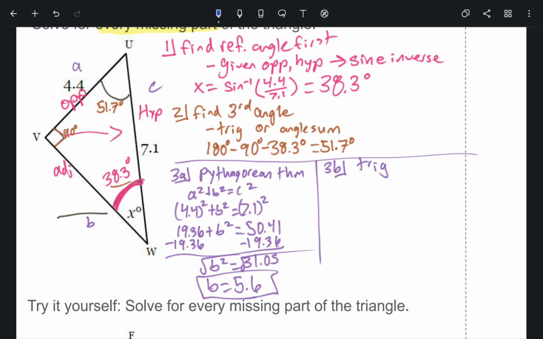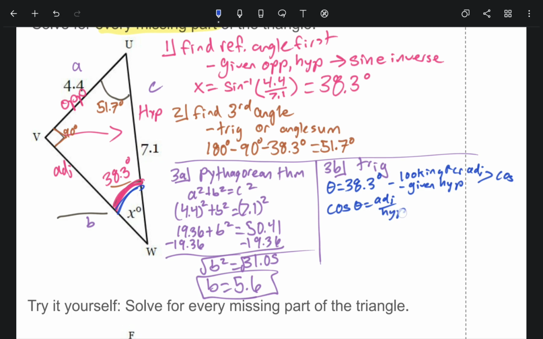Now to do it the other way with trig, I'm going to stick with x being our reference angle. So our angle will equal 38.3. We are looking for adjacent. And we were given the hypotenuse. So those mean you're going to use cosine. So cosine of our angle equals adjacent over hypotenuse.